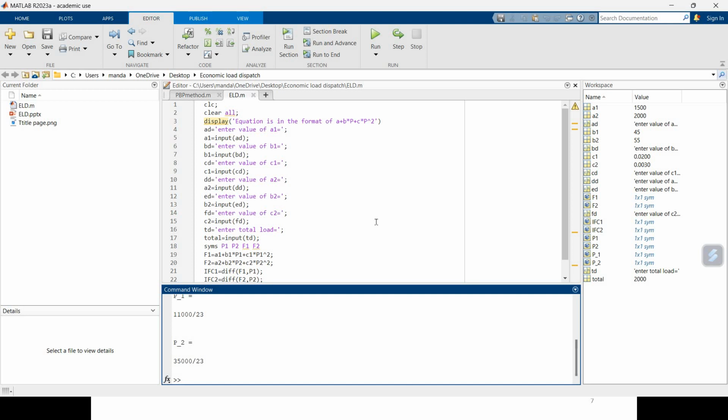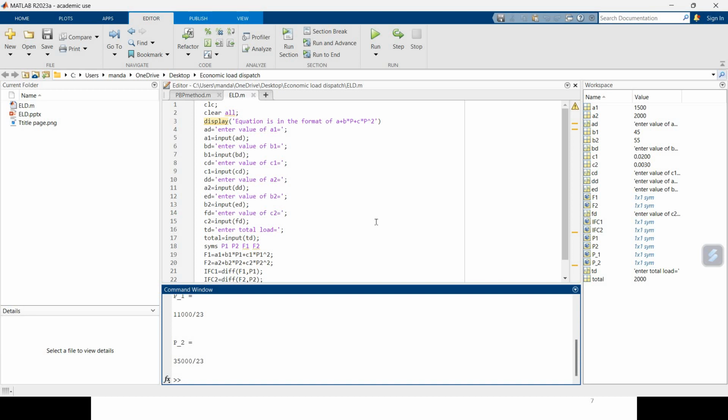So try to understand the concept. In this case, the number of generators is only 2. But in an interconnected power system, there are n number of generators, for which it becomes difficult to solve all the equations theoretically, and that's why we use MATLAB software.